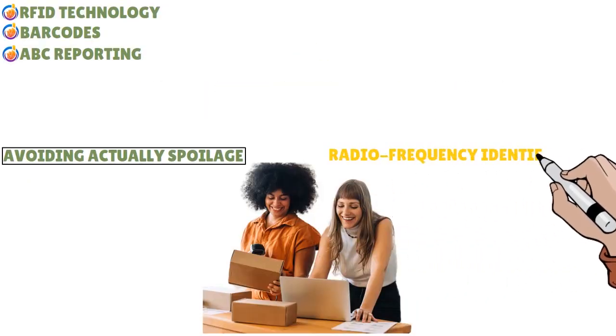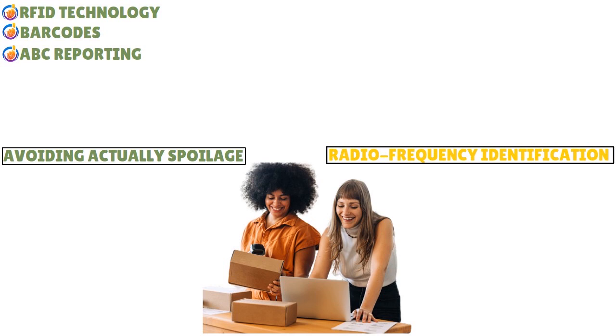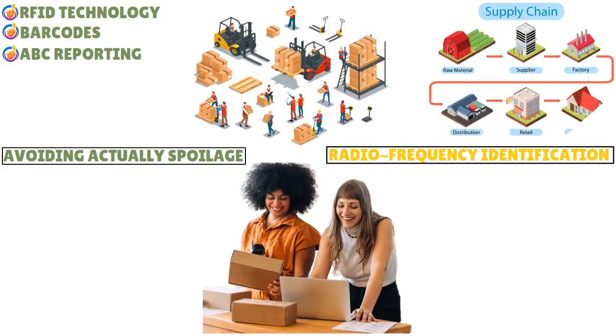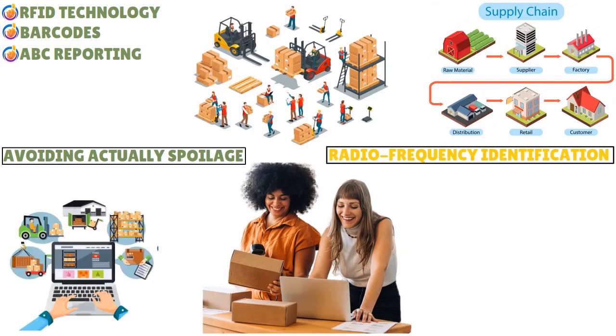Radio frequency identification, or RFID technology, certainly has a place in the future of inventory management, but also warehouse management. So if you look at the supply chain from A to Z, you want to really have a place to insert RFID technology. In fact, many companies already use RFID tags to search for stock, combat phantom inventory, and decrease excess inventory.